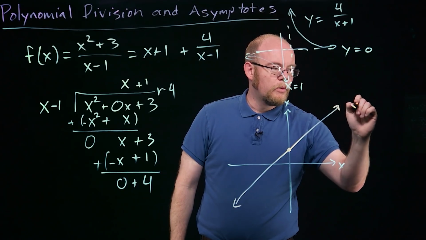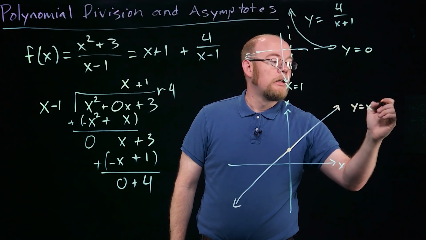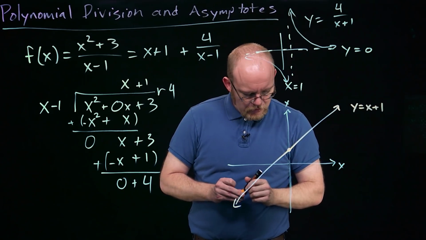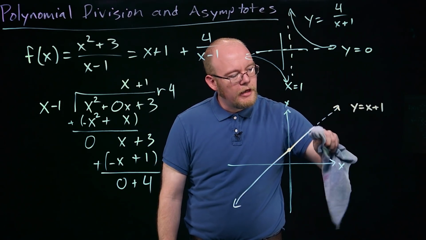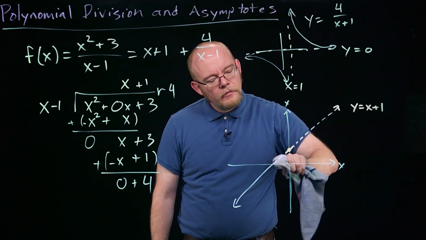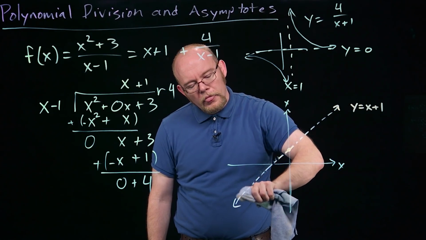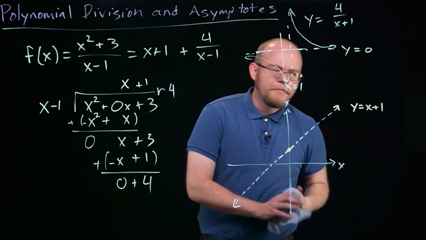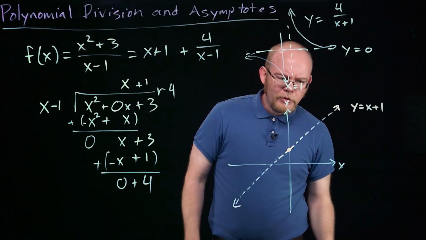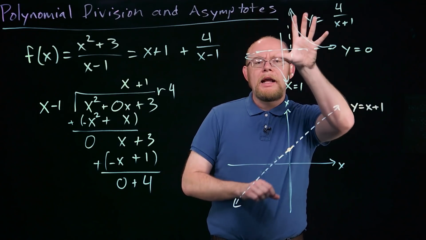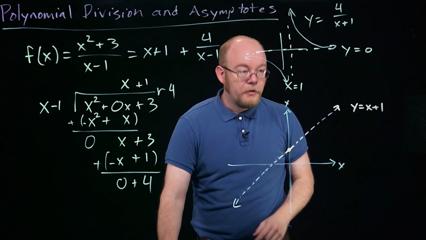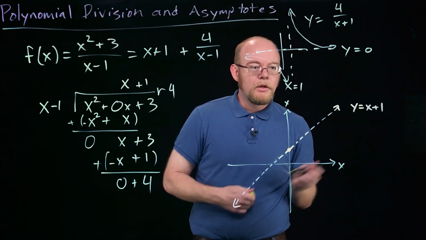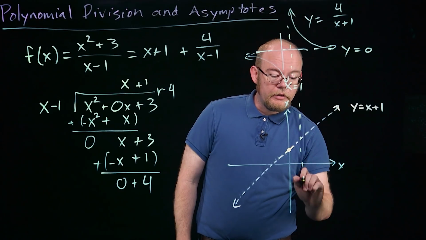So this is y equals x plus 1, but this isn't the function either, so I'm just going to dotted line it. Now what we're going to do is take this graph and add the y values. So at every x we look at, we add a y value here. Now if you notice, we shouldn't get anything at x equal to 1. So let's go ahead and do that.